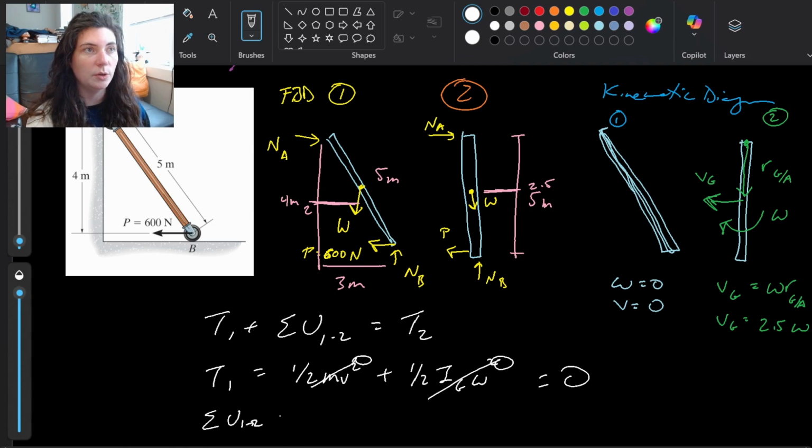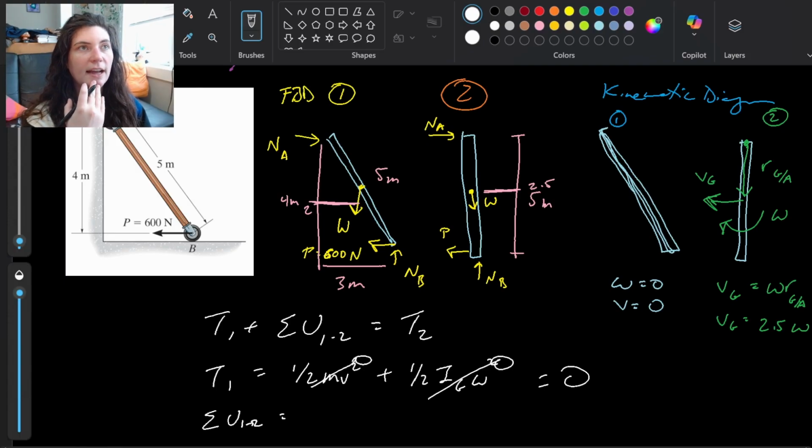Then I'll look at what's doing work. My work is going to come from my free body diagram, and remember that only forces that cause displacement get counted as work. So typically this means that our normal forces almost never do work.